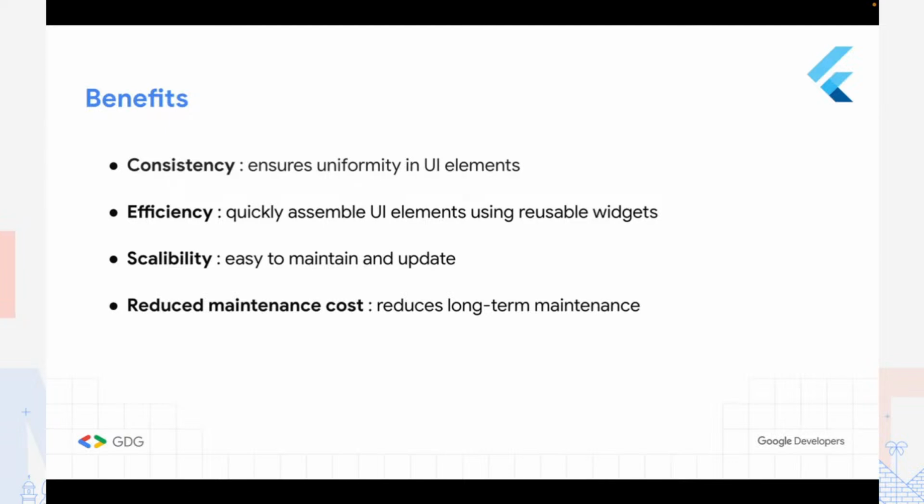Reduced maintenance costs, reduces long term maintenance, because again, only having to change in one place rather than having to change in 10 different places is actually going to save a lot of time and effort. And this is not just for the elevated buttons, but for many other things.